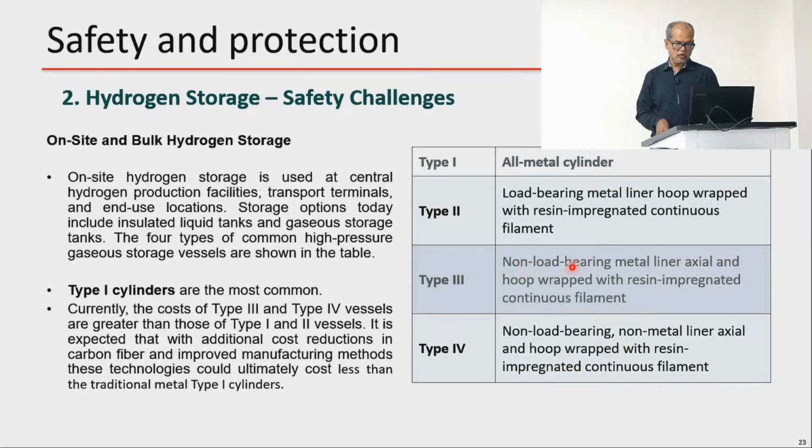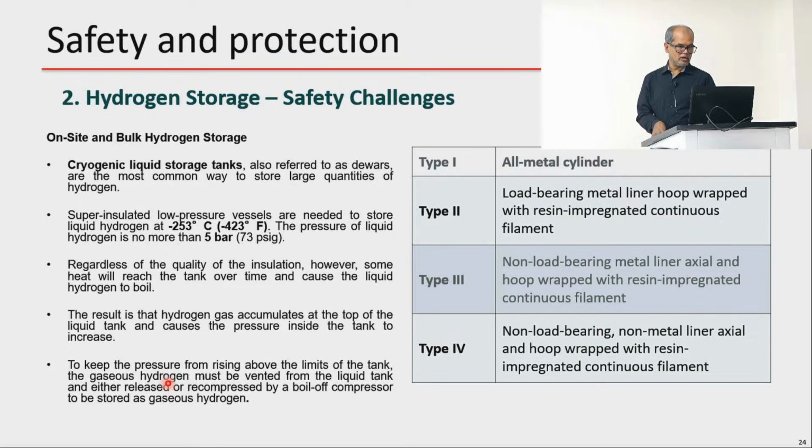Type 3 uses a non load bearing metal liner, and type 4 uses other materials as well. I'm not an expert on those different materials and their characteristics, but if you want to work on hydrogen storage, it is given here and also online.